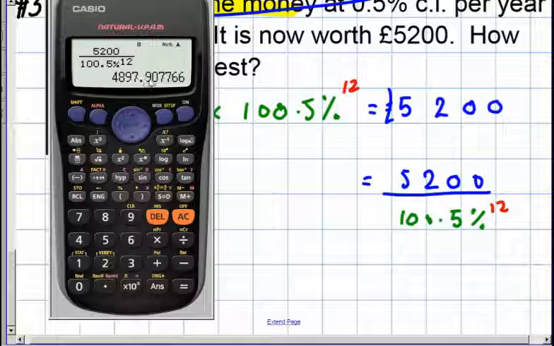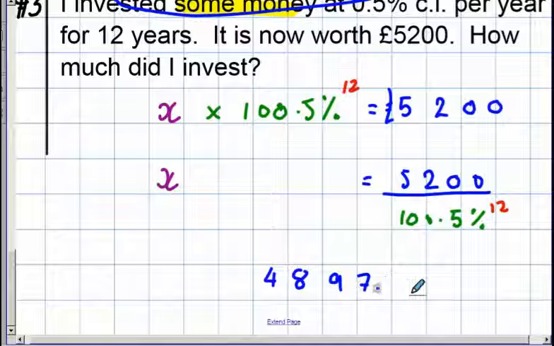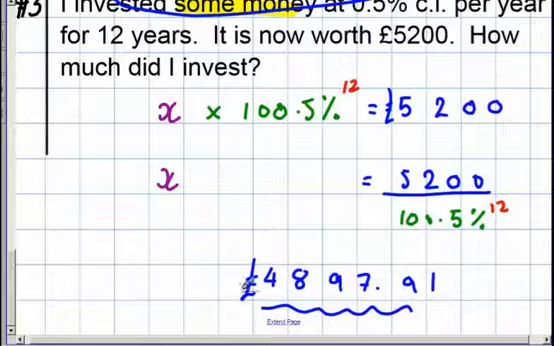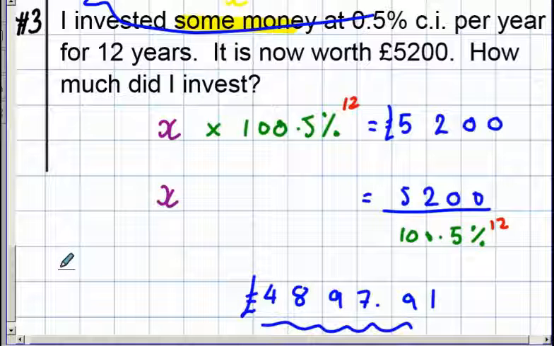So it's 4897.91. Why is it so close to what it ended up as? Any ideas? Because you only invested it at 0.5. Yeah, the interest rate was lousy, and that's what it is in real life, actually.